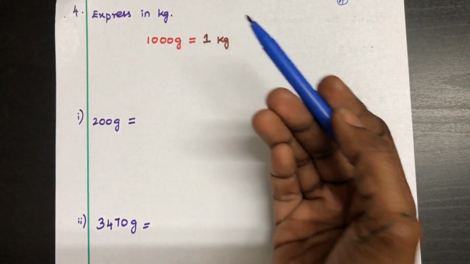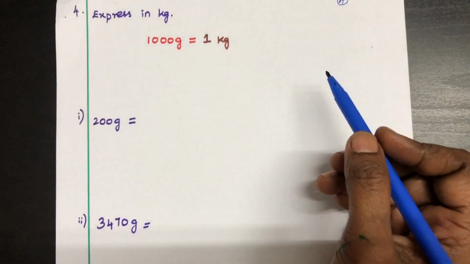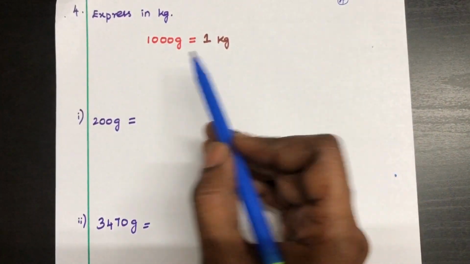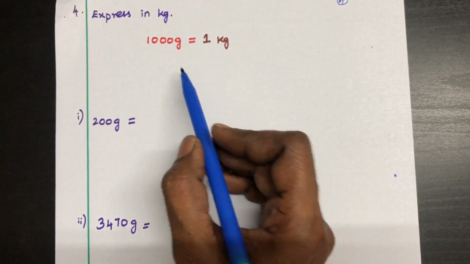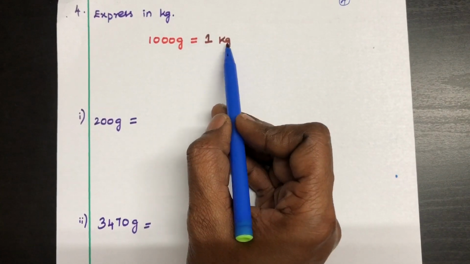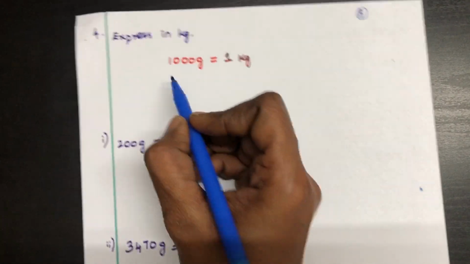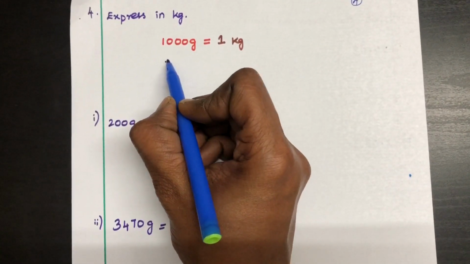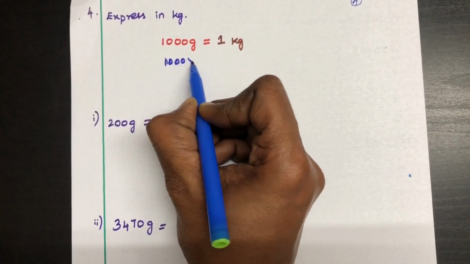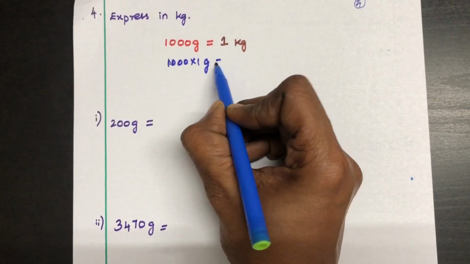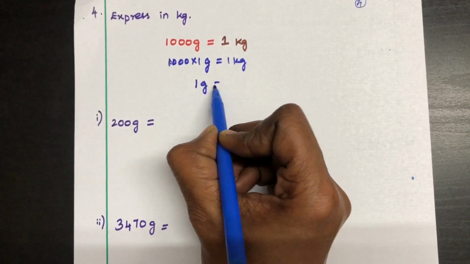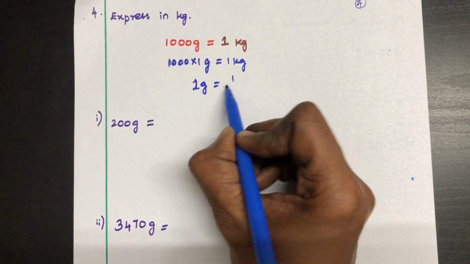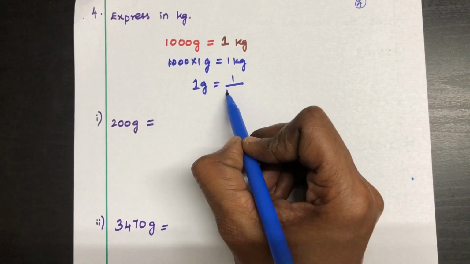Fourth question, express in kg. Like millimeter into centimeter, meter and kilometer conversion, we are going to convert gram into kilogram now. How to do? 1000 gram is equal to 1 kg. So, how to do our conversion? 1000 into 1 gram is equal to 1 kg. So, this 1 gram is equal to 1 by 1000 kg, as this 1000 will come here.